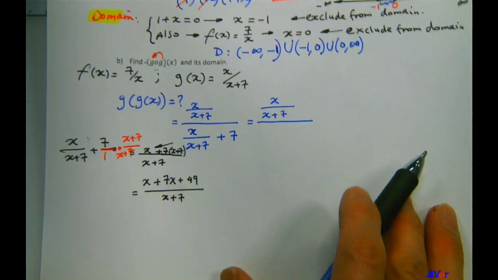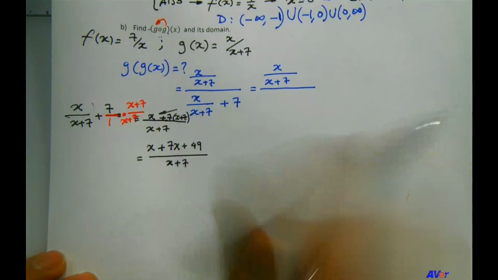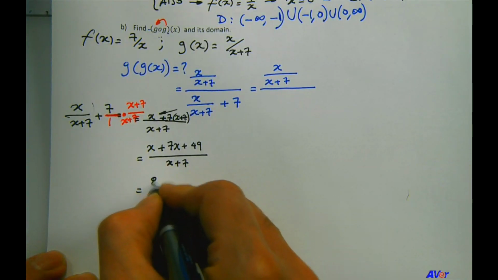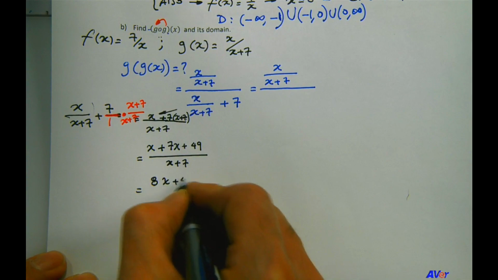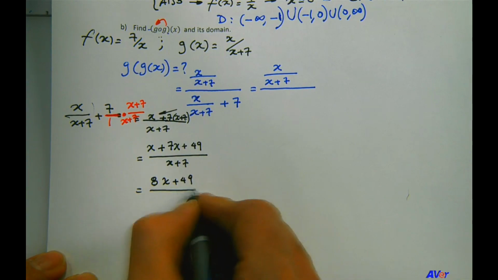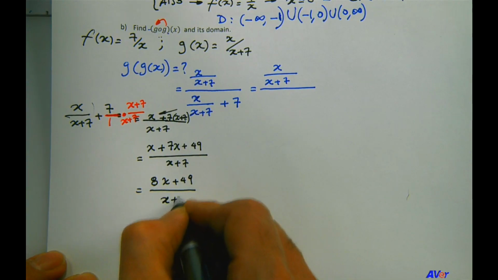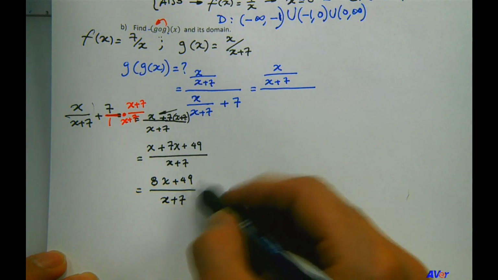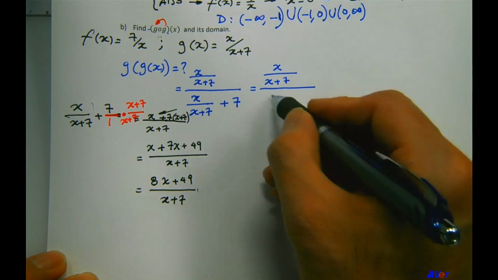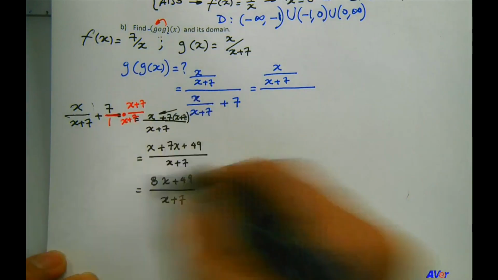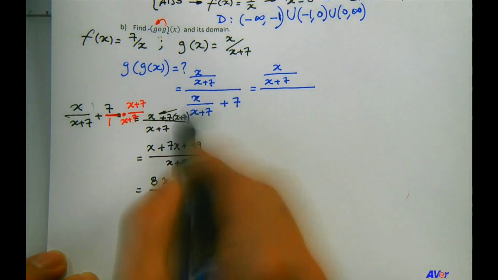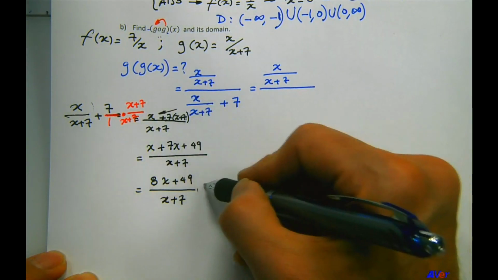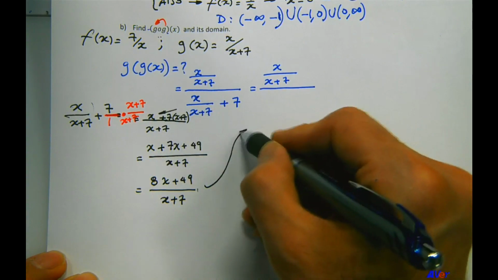What do we get? We get 8x plus 49 divided by x plus 7. So I'm going to put this in the denominator of that. We did all of this to combine these two fractions here. Now that we're done doing that, let's put it there.